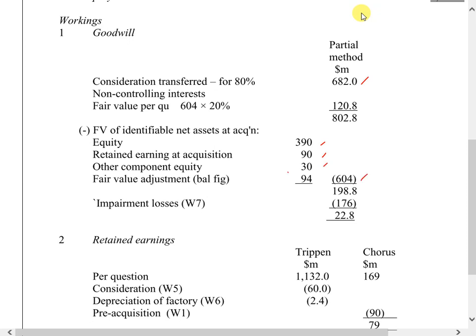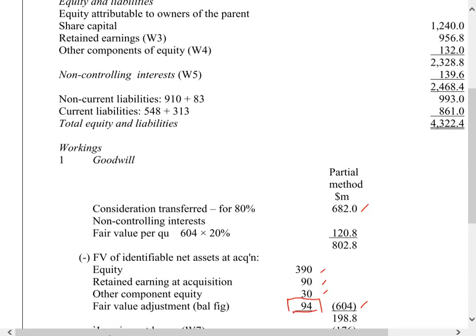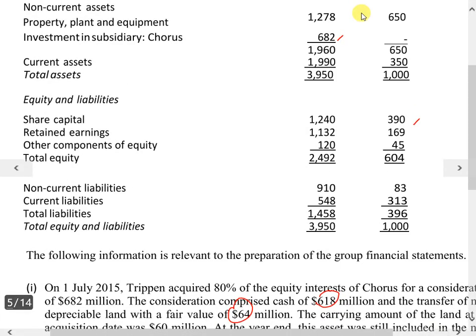Therefore, the balancing figure will be 94. Okay? This 94, always remember when you have 94 here, immediately you go and add to here the fair value adjustment 94.